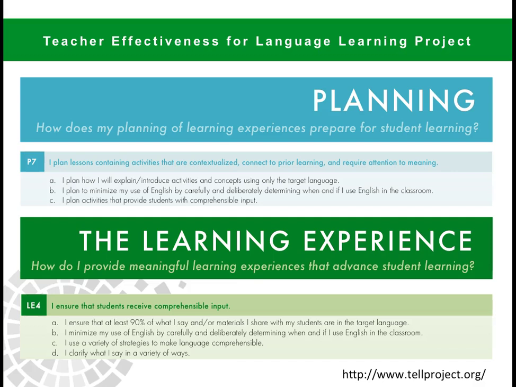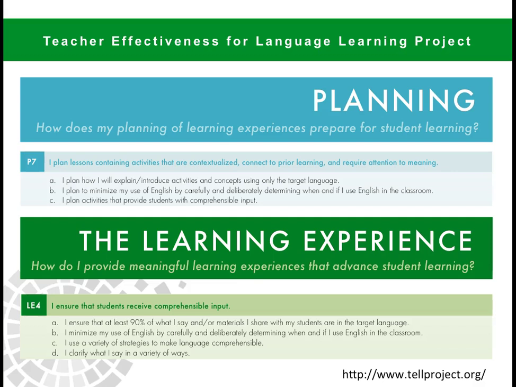It's planning how you will explain and introduce activities as well as concepts only using the target language. Planning to minimize the use of English by carefully and deliberately determining when and if the English language should be used. And planning activities that provide students with comprehensible input.